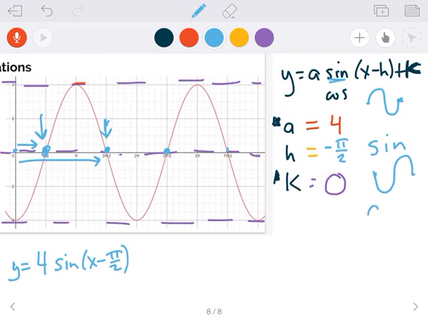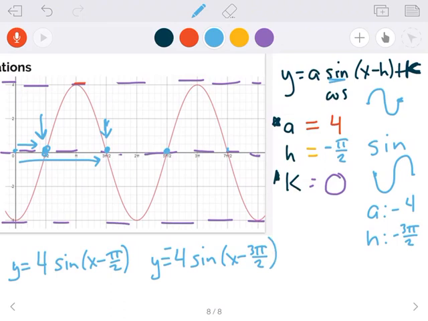So a would be -4 and h would be minus 3 pi over 2. So here's a second equation we could write: y equals -4 times the sine of x minus 3 pi over 2. Midline still 0, still not adding anything. Okay, so those are two different sine equations we could write from this.